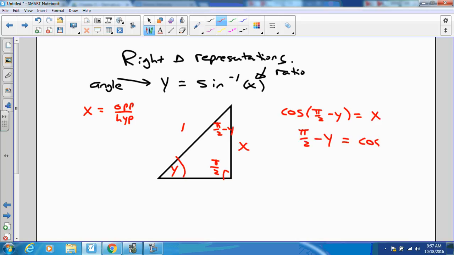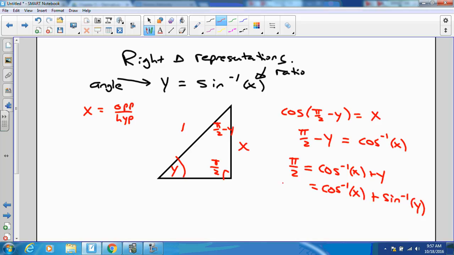But if I invert both sides, look at what I get. I find out something very interesting. And that is that the inverse sine and the inverse cosine are actually two angles that are always complementary to each other. Ah, that's a nice insight.